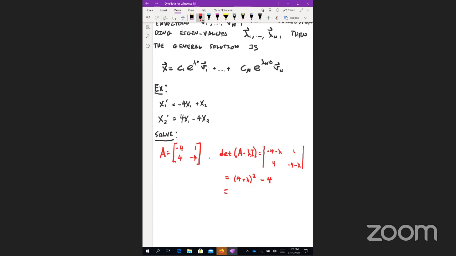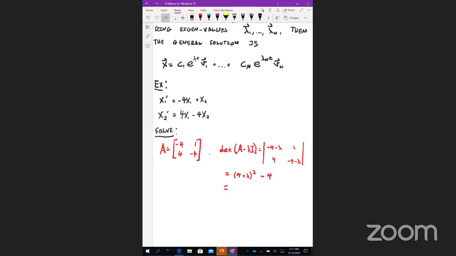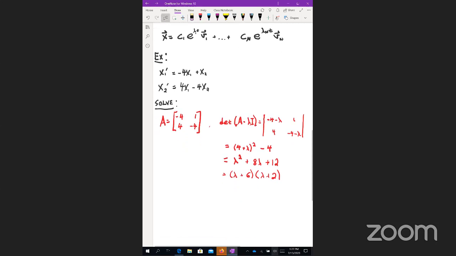I'm not demonstrating particularly good lining up of my equal signs, but hopefully we can let that pass. Lambda squared plus 8 lambda plus 12, and of course we can factor this as lambda plus 6, lambda plus 2.